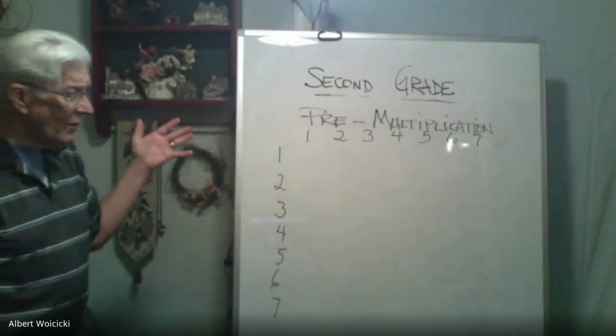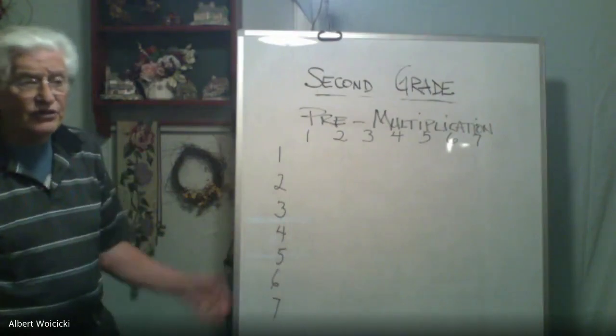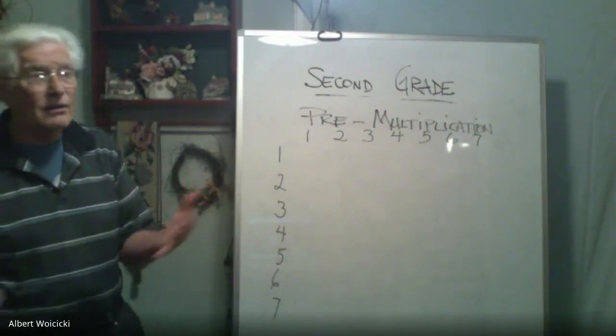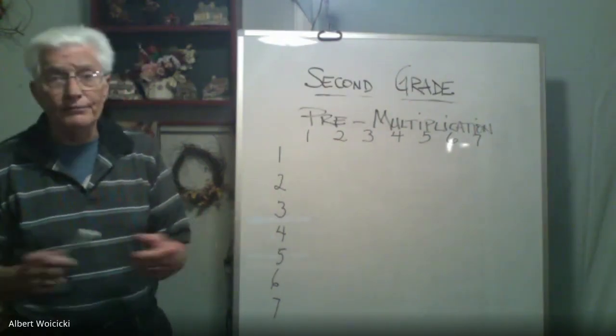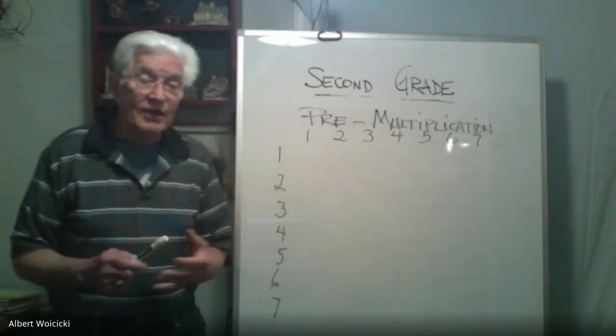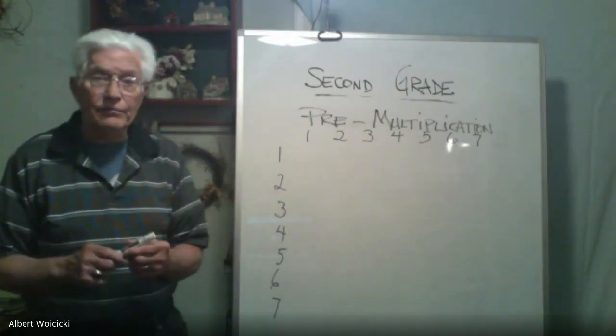Now, what students end up having is a chart like this. They couldn't learn their multiplication skills for some reason, and maybe some kids have a difficulty learning.